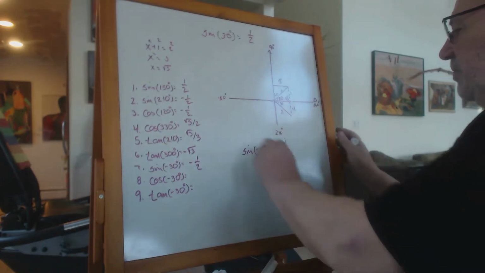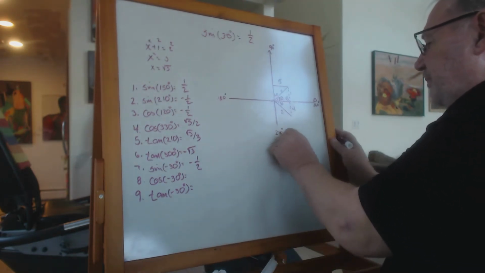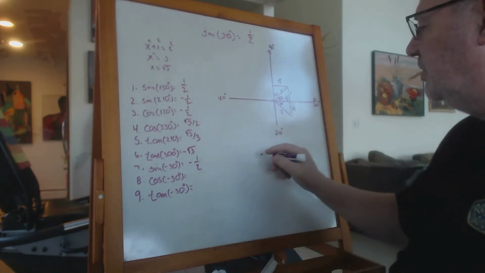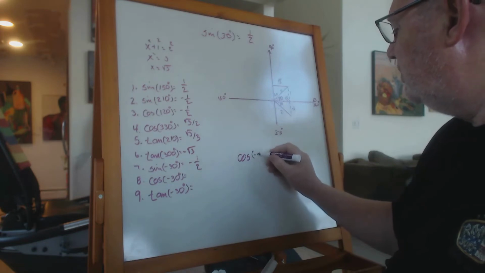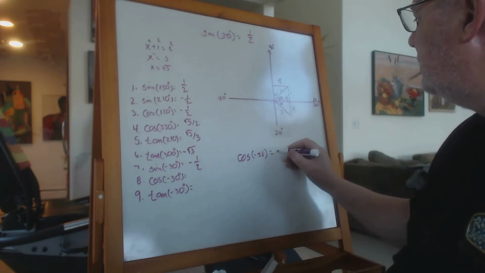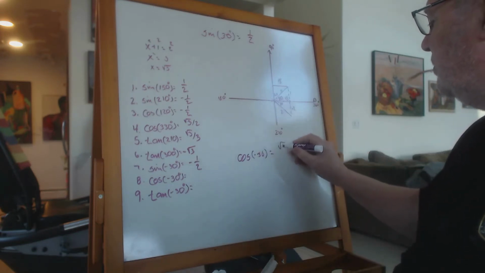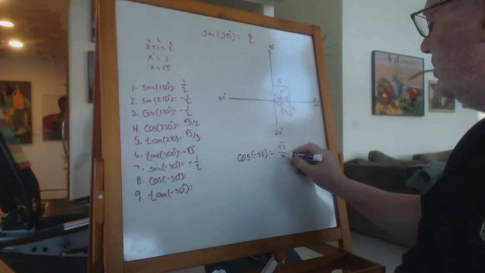The cosine of minus 30 is equal to square root of 3 on 2.